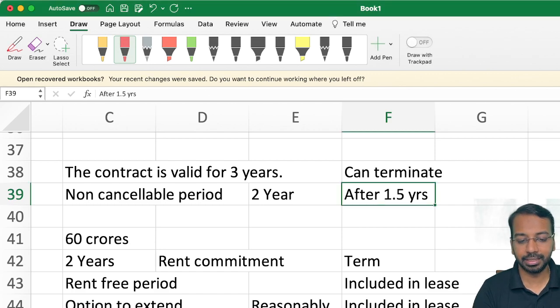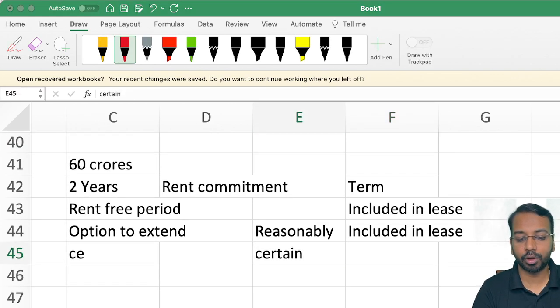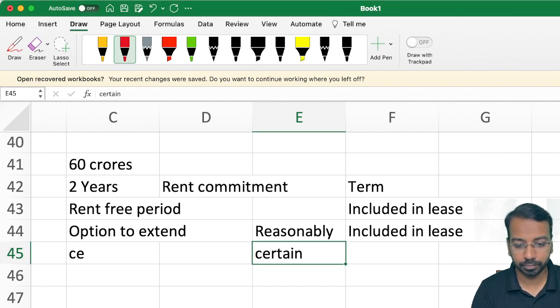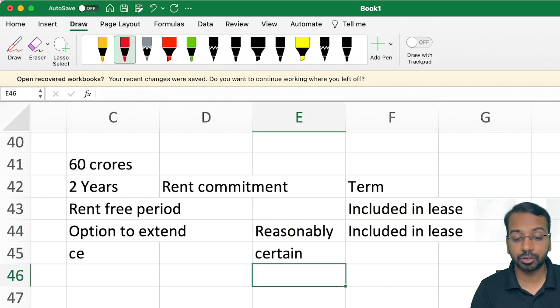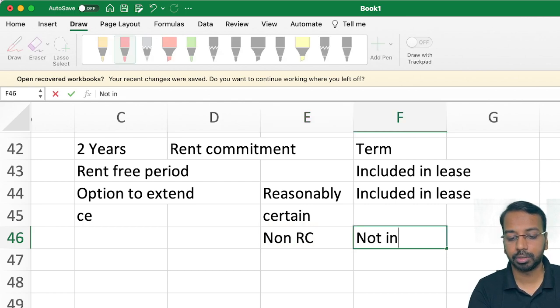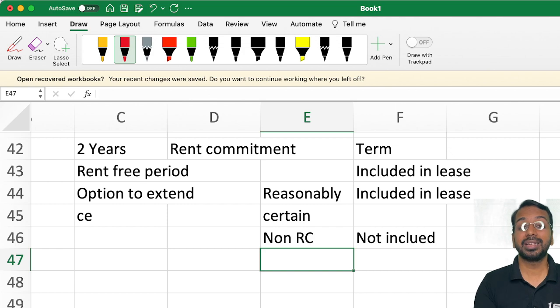While calculating the lease term, the option to extend was not reasonably certain. If it is reasonably certain, we'll include; if it is not reasonably certain, then we will not include. So initially we said that it is not reasonably certain.